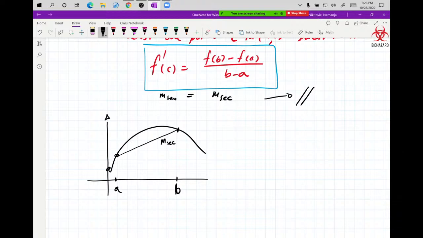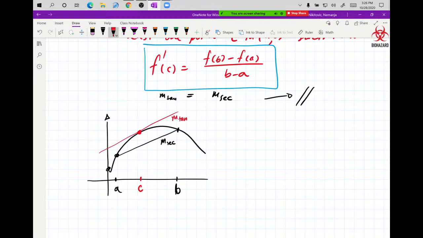So we are able to draw a parallel line to the line we have here and figure out this point c where m tangent will have the same value as m secant, meaning they are the same, which is the formula, left equals right up there.